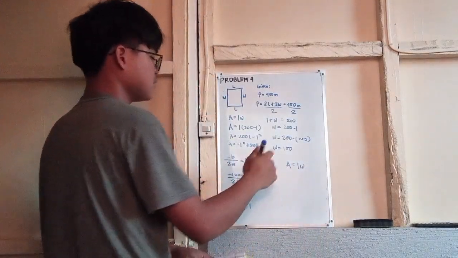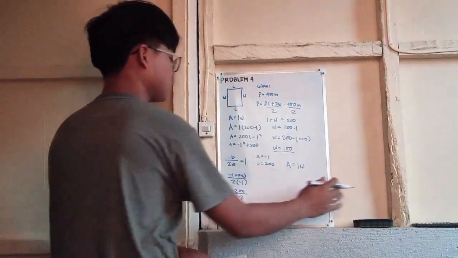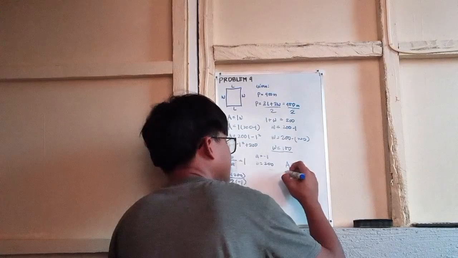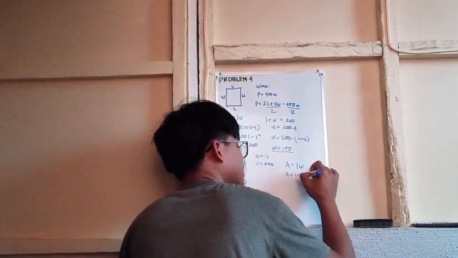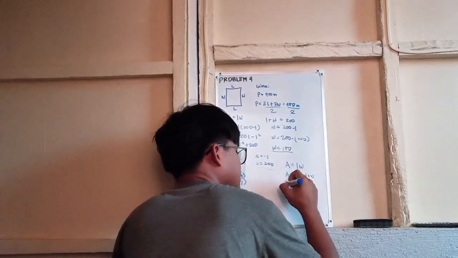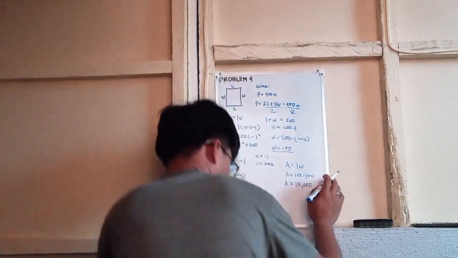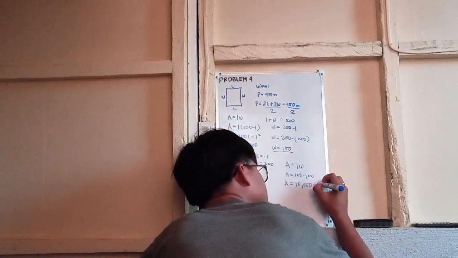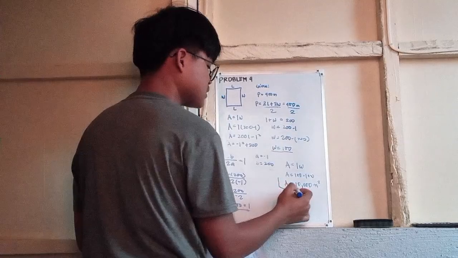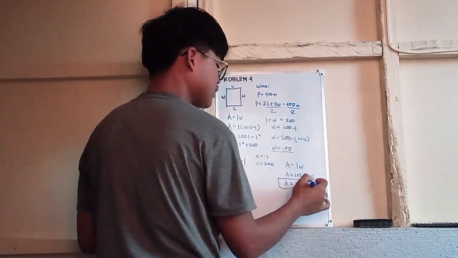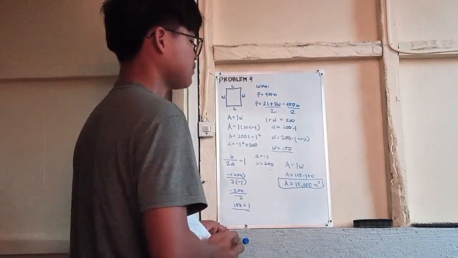Then substitute the solved length and width, 100. So area is equal to 100 times 100. We will get the value of 10,000 meters squared. So we have the final answer of the maximized area of the rectangular field, which is 10,000 meters squared.